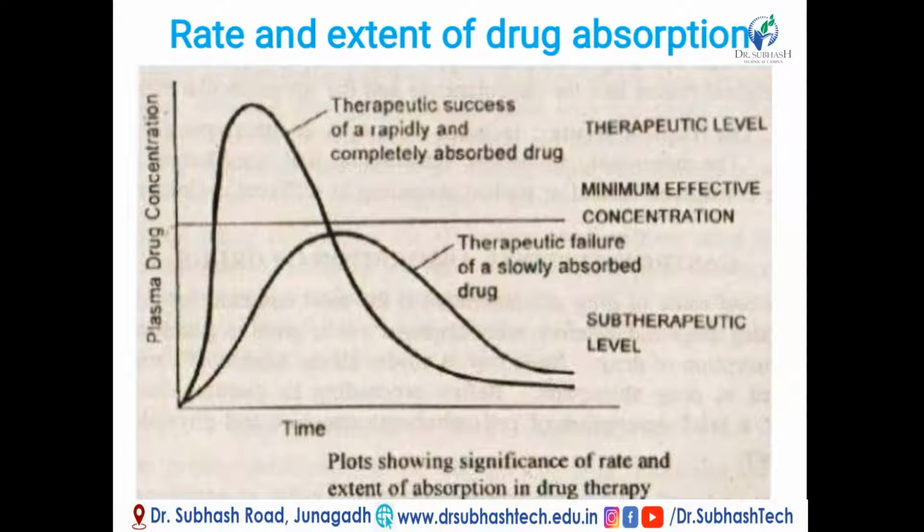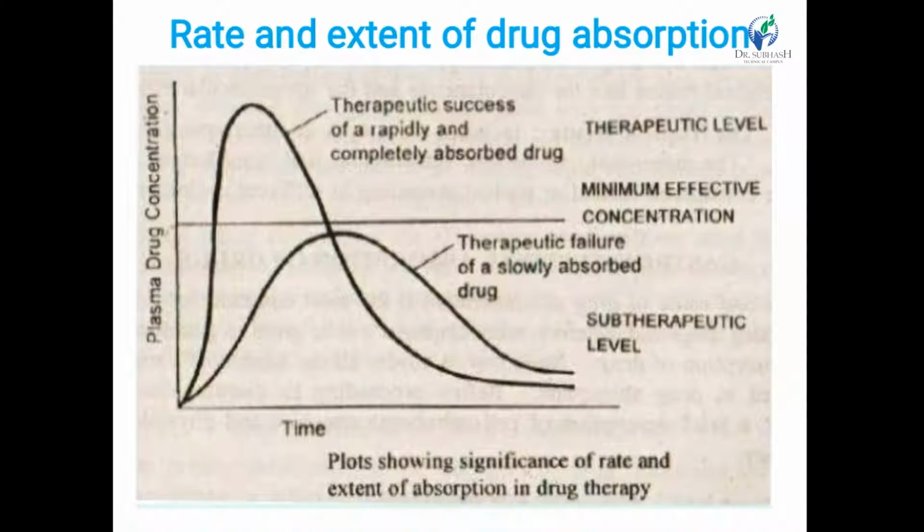If the drug is rapidly and completely absorbed in systemic circulation, it will reach a higher concentration in the blood and its therapeutic level is high. So it reaches its minimum effective concentration fast and reaches a higher concentration in the systemic circulation.